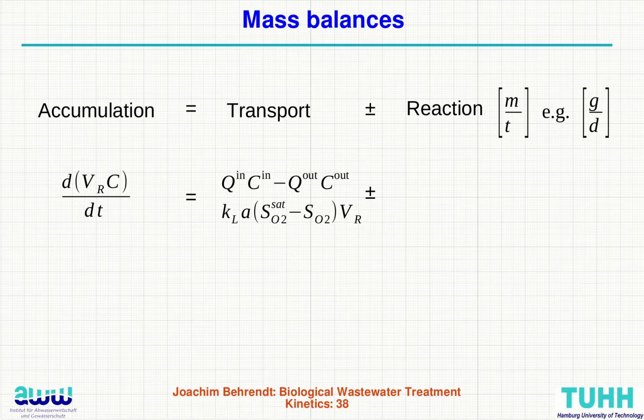But we have other transport phenomena, the transport through the surface of boundary layers, for example from gas bubbles for aeration. This is expressed with the volumetric mass transfer coefficient multiplied by the saturation concentration minus the concentration in the system, and of course multiplied by the reactor volume, because we want the mass transfer, the mass per time.